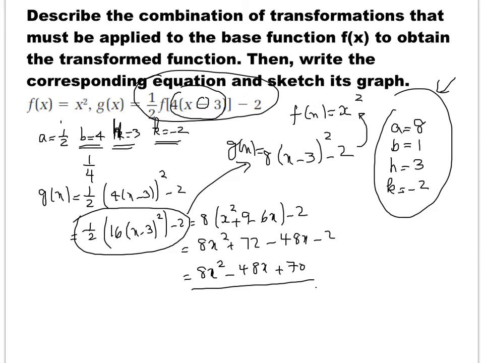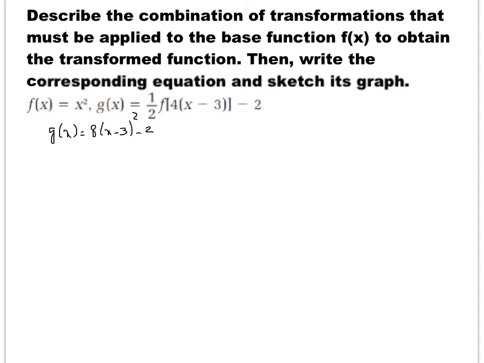Then we move it right by 3 units, then down by 2 units. This is going to produce exactly the same graph. Although they look like different transformations, the end product is exactly the same.